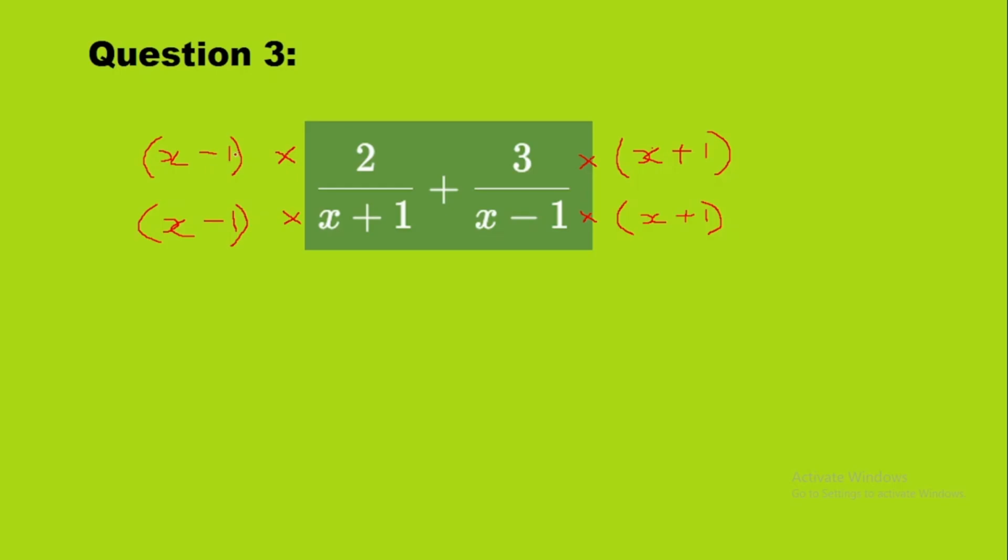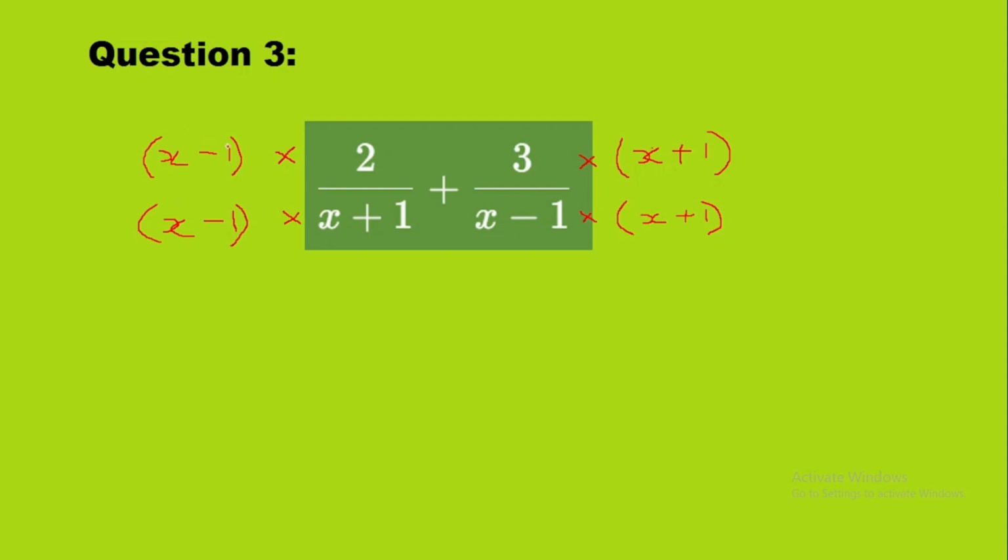Now if you look at this bracket right here, we have x minus 1. So the minus sign separates the two terms. One term is x, the other term is 1. So there are two terms in this bracket.